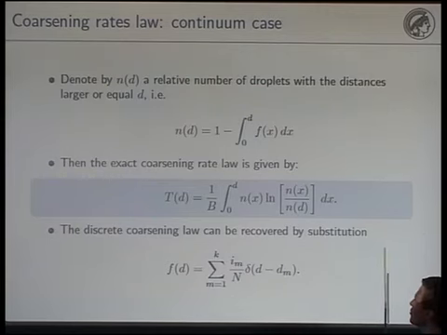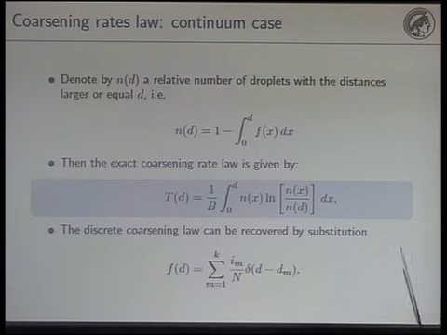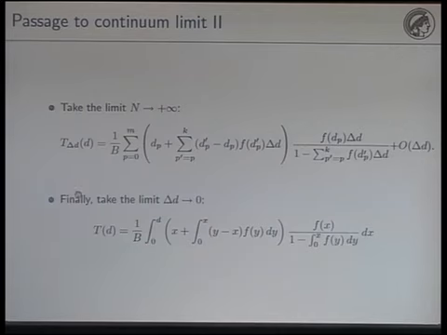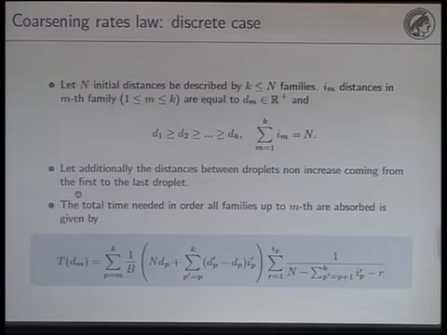And there's a formal, asymptotical derivation. To check this derivation, you need just to substitute to recover the discrete formula. So this is a continuous formula, and you have the initial discrete formula for an array of n droplets.